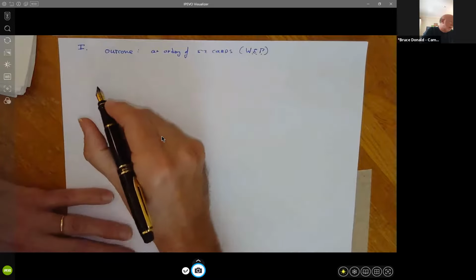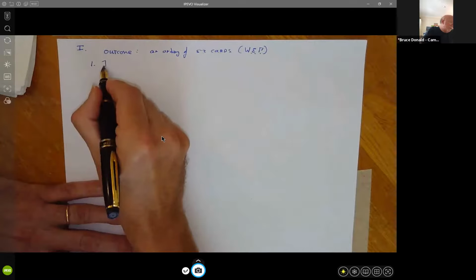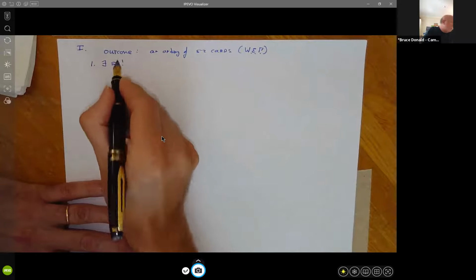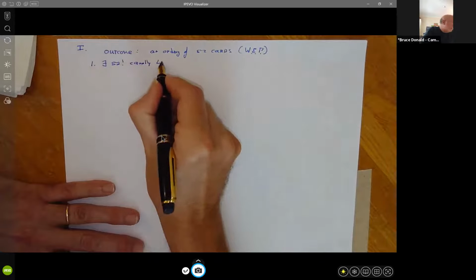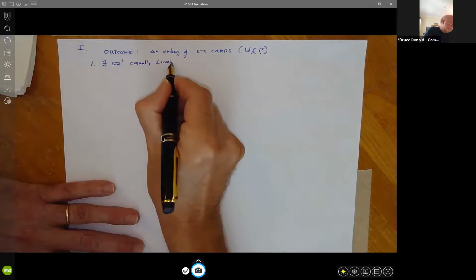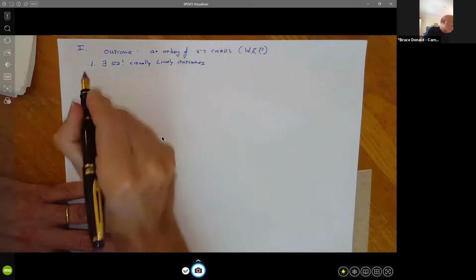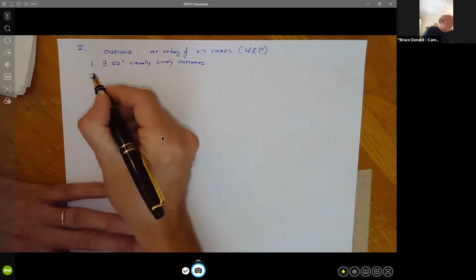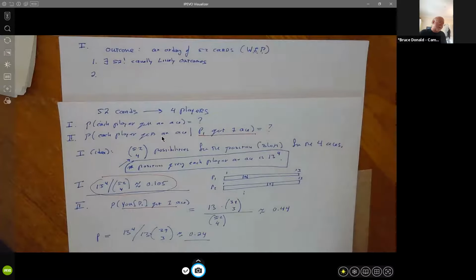Okay, new terminology. Given that there are 52 factorial equally likely outcomes, that's the number of orderings. Now, as before, let's go back to our example here. We want to basically just rederive our 13 to the 4.